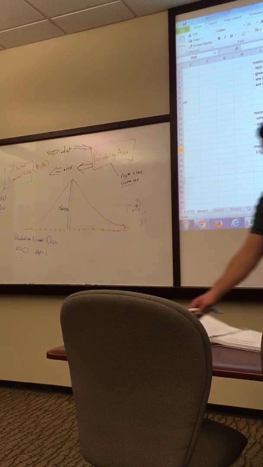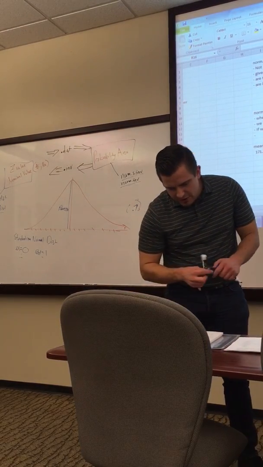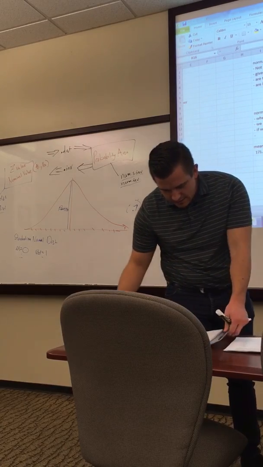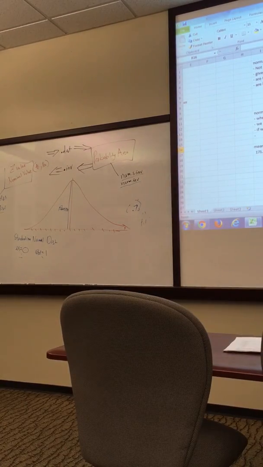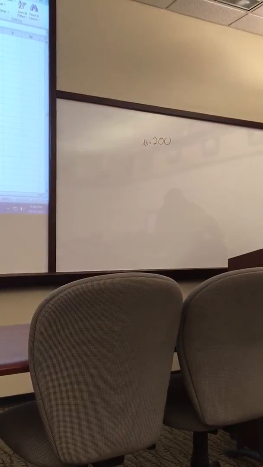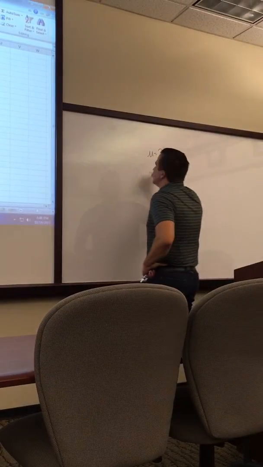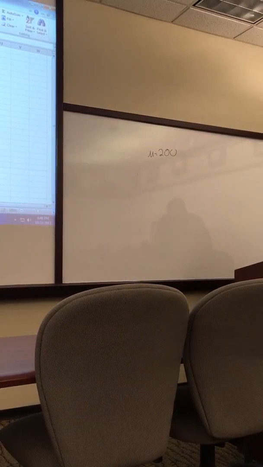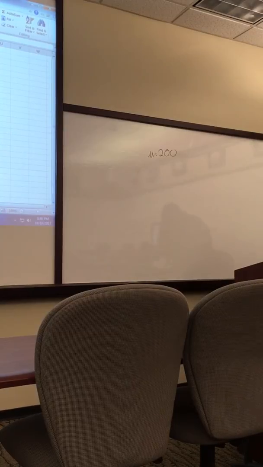So number 15. It says a population has a mean of 200. So population mean is equal to 200. Standard deviation for the population, which is going to be a little squiggly guy.